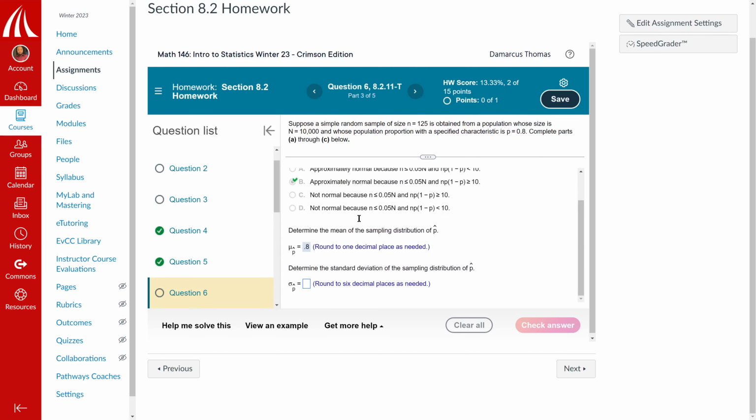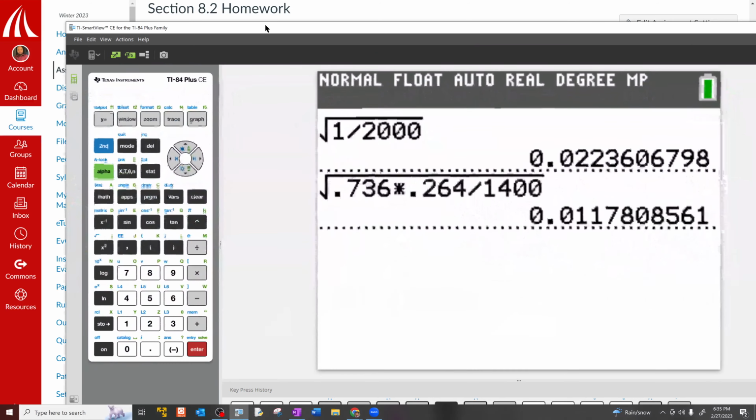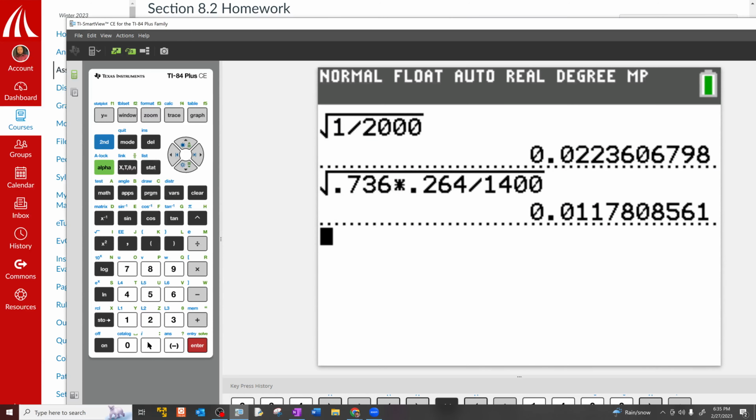And then what would the standard deviation be? Well, 0.8 times 0.2 is 0.16.